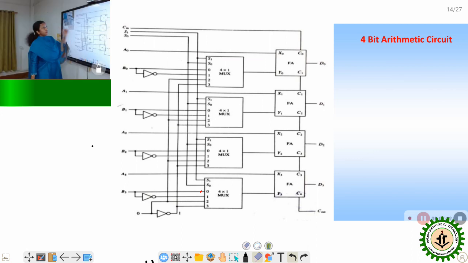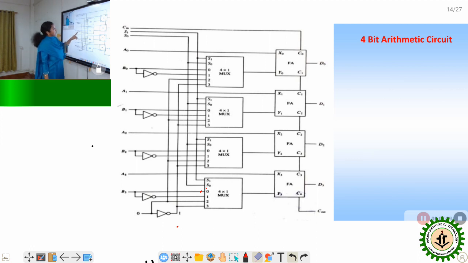Now again see the circuit diagram here. When S1 S0 is 0, 0 and Cin equal to 0, what happens? Every 4:1 multiplexer selects the normal input, B0, and that B0 input is directed to the output of the first multiplexer.